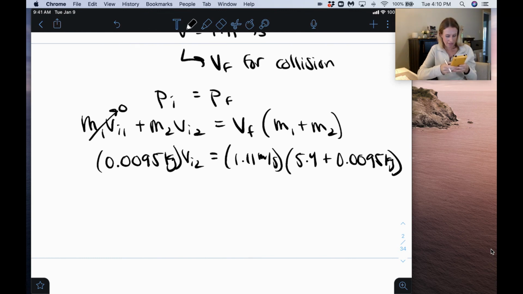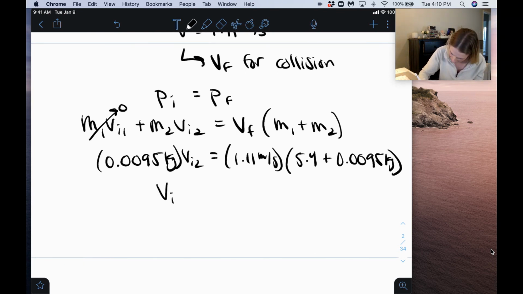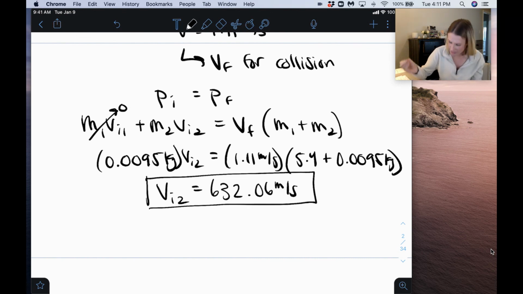So here we get 5.4 plus 0.0095, and then I'm going to multiply that by the final velocity, 1.11, and divide both sides by 0.0095. We end up getting the initial velocity of the bullet is 632.06 meters per second. And that's our answer.